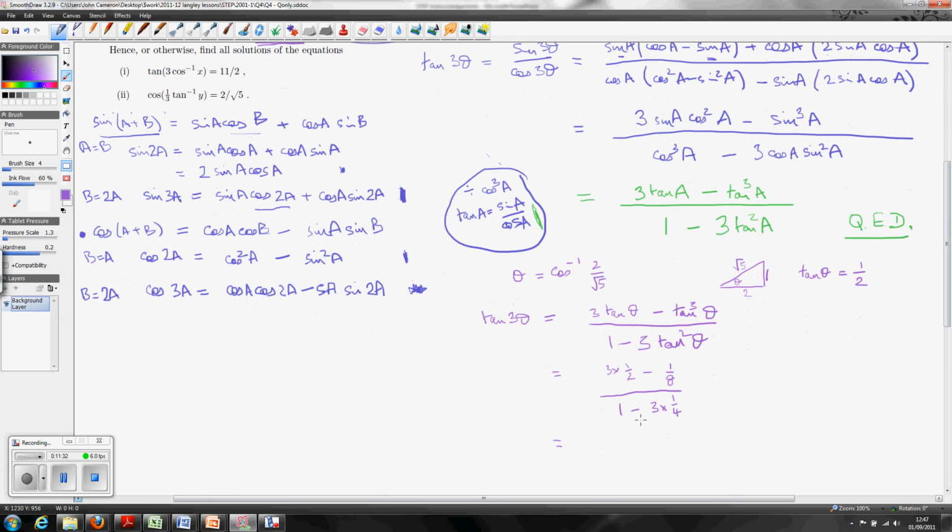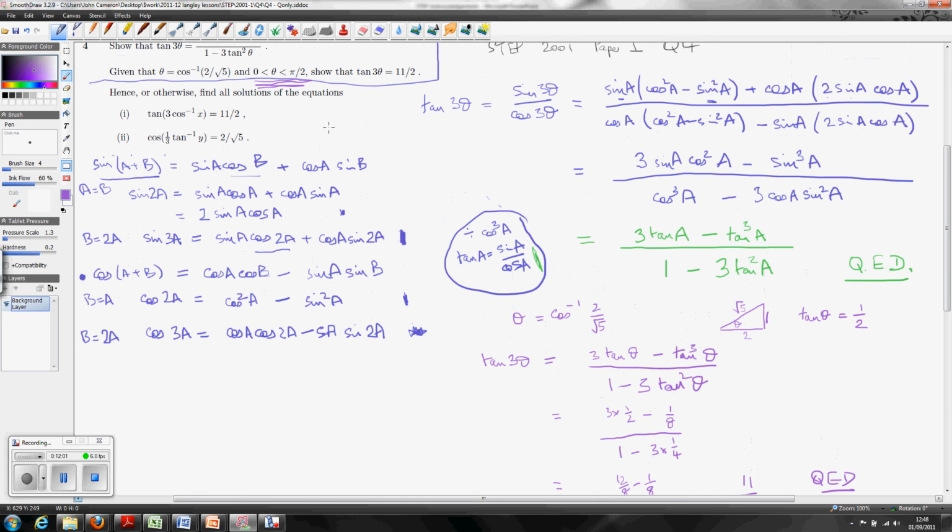This is equal to 1 1/2, which is 12 over 8, minus 1 over 8, over 1 minus 3/4, which is a quarter. And this is equal to, I think we should multiply top and bottom by 8 here. And we'll have 11 on the top, and we will have 2 on the bottom, which is also what we were asked to prove, QED.